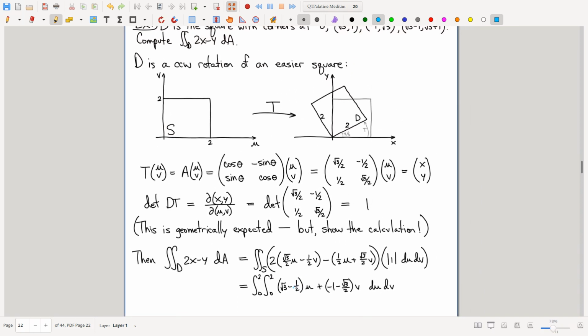Let's see here. We do have this original integrand. And, of course, that's just a matter of plugging in. Again, we already know x is that, and so that x right there is that formula right there.